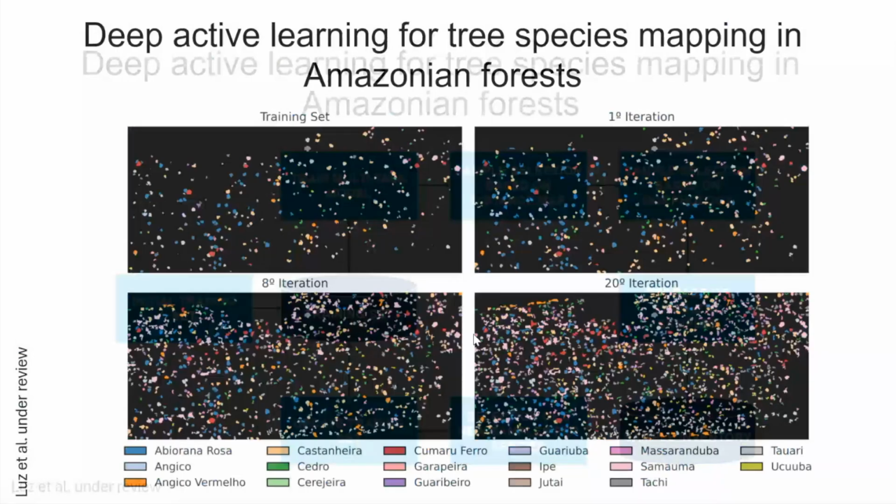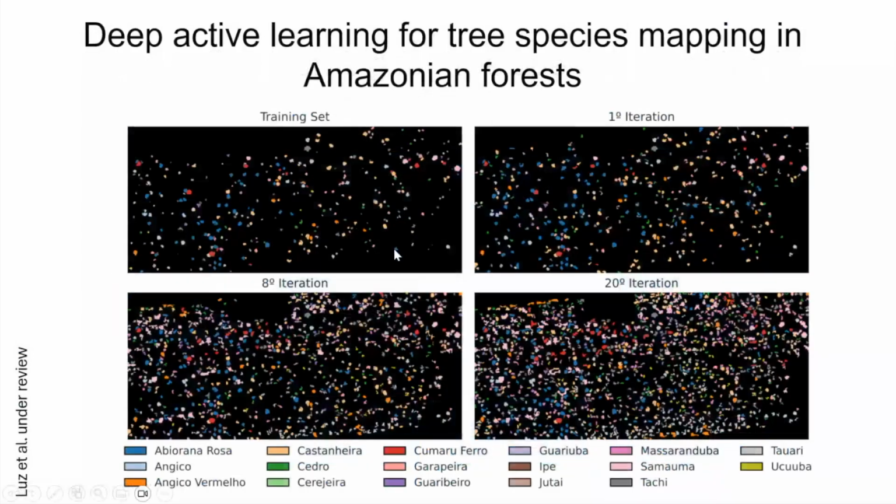I think here it is clear. The process initiates with an initial training set, and after a set of active learning iterations, we can improve the number of tree crowns of each of the species. And here we can see that in the last iteration we have many more tree crowns than in the first iteration.